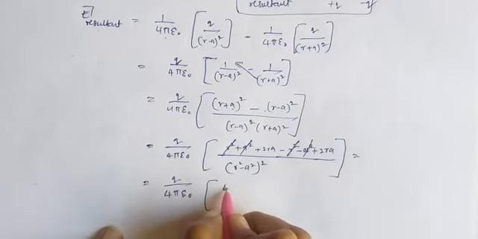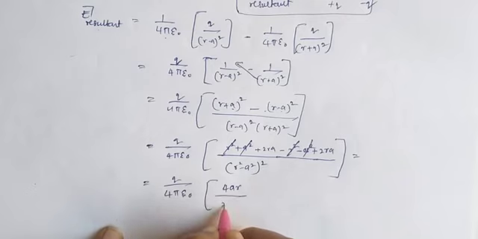Here we are getting Q by 4 pi epsilon naught times 4AR by (R square minus A square) whole square.